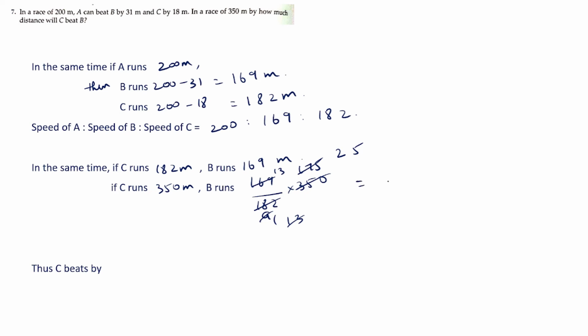So 13 into 25, it is 325 meters. So if C runs 350 meters, B runs 325 meters. So C beats B by 350 minus 325 equal to 25 meters. So this is the distance by which C will beat B, 25 meters.